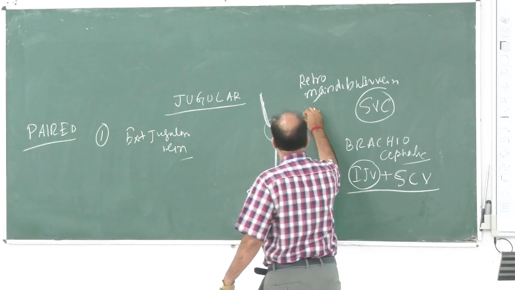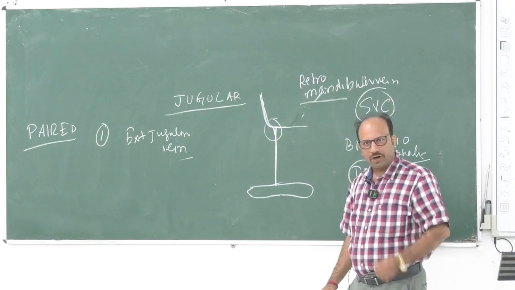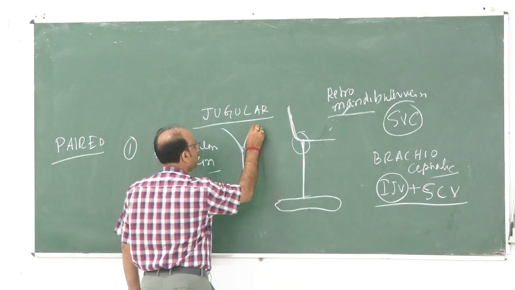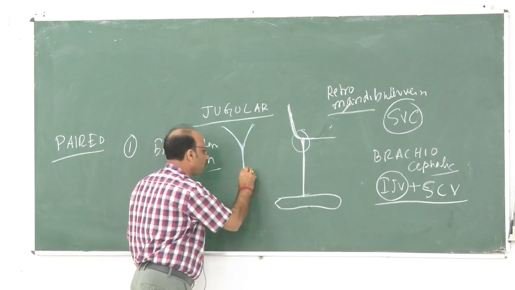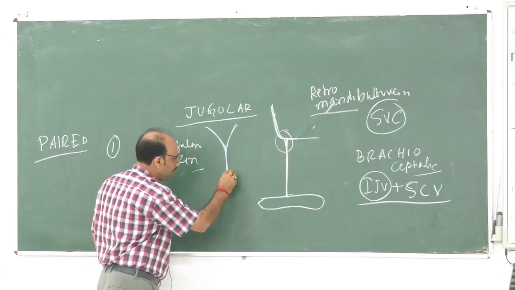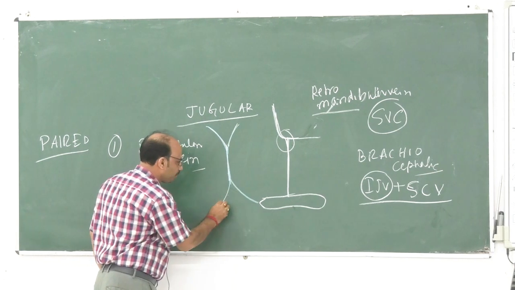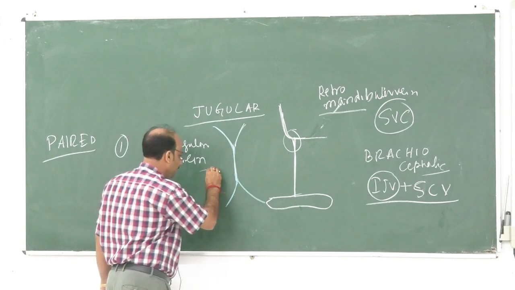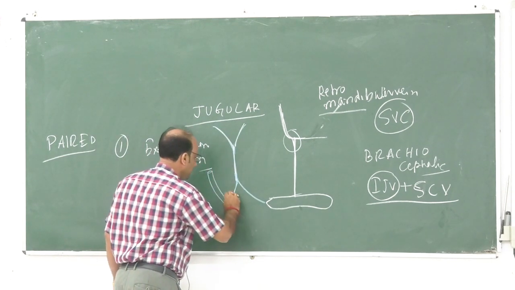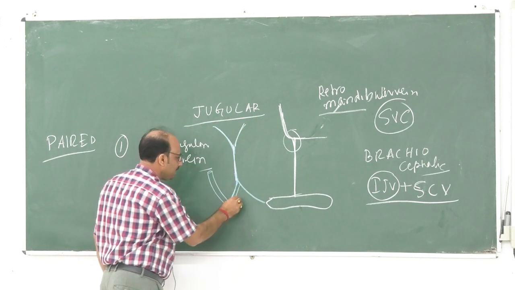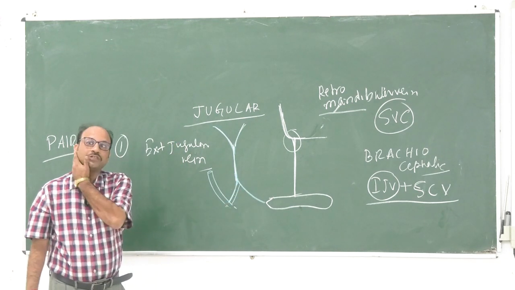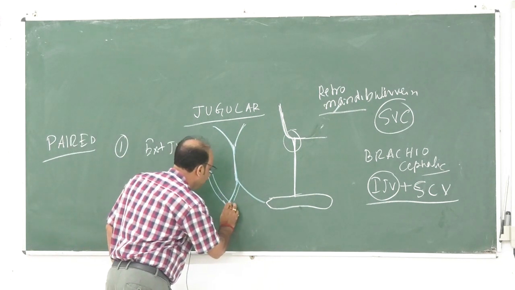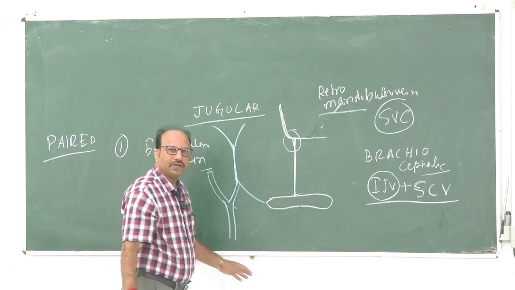This retromandibular vein is formed by the superficial temporal vein and maxillary vein. The retromandibular vein again divides into anterior division and posterior division. With this posterior division, another vein joins, known as the posterior auricular vein. The posterior auricular vein joins to form the external jugular vein.